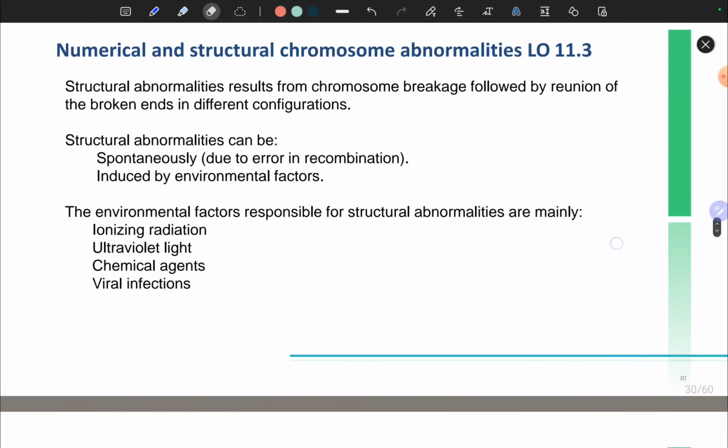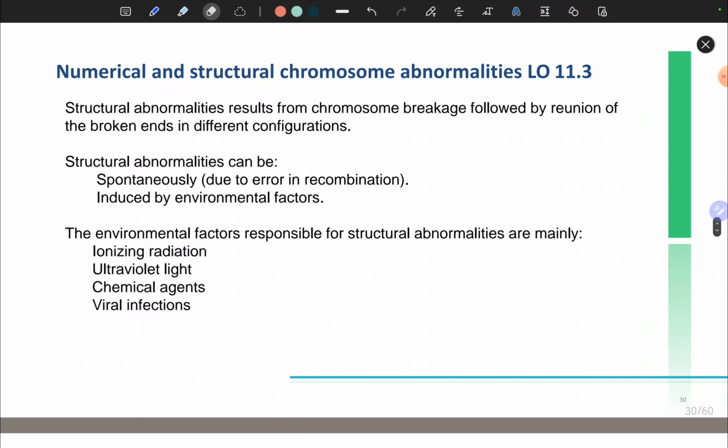The other abnormality occurs due to structural change, structural aberration. The numbers are okay, they are normal. What are the things? The structure, pieces of the chromosome are not present or they are duplicated. So we call it the structural abnormalities of the chromosome.